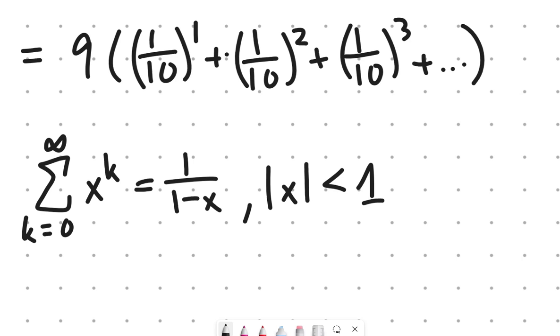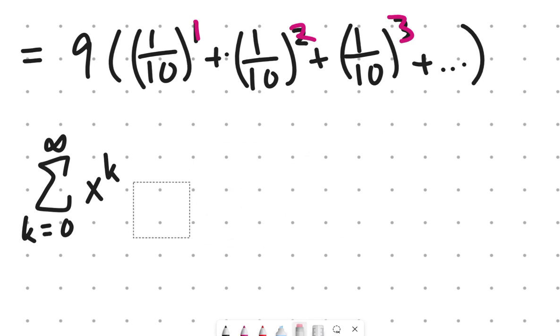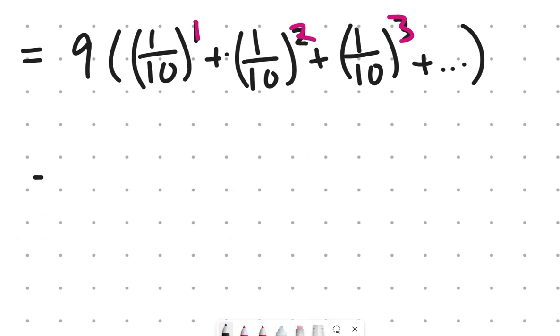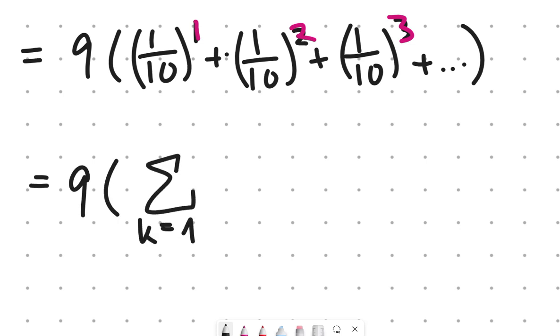And k, well, k starts from 1 to infinity, not from 0 to infinity. So we have to do something. We have to write it down as 9 times the sum as k goes from 1 to infinity of x to the k, so 1 over 10 to the k.